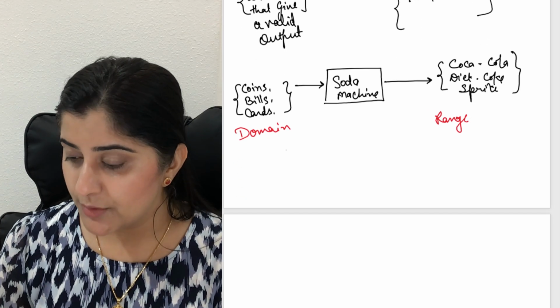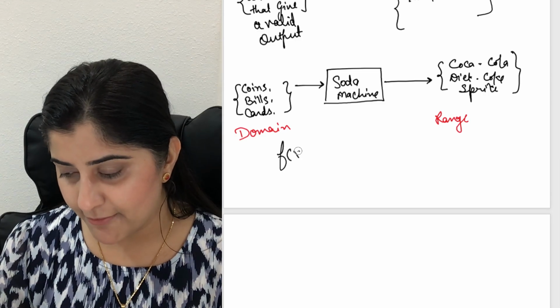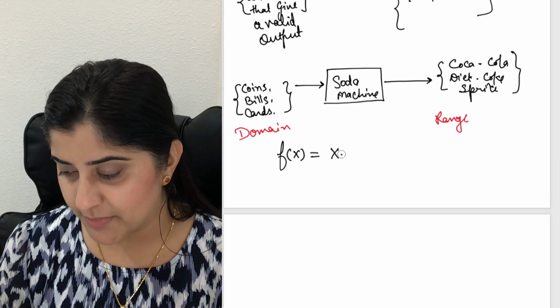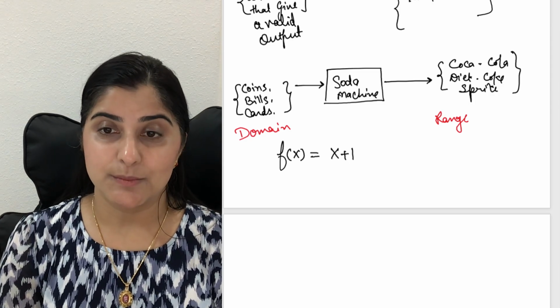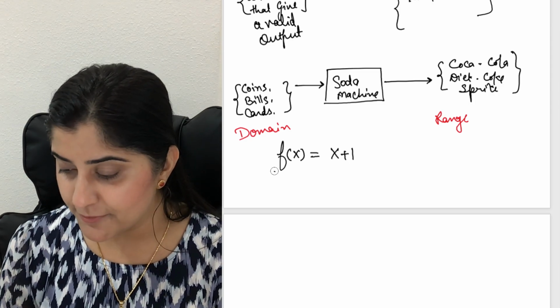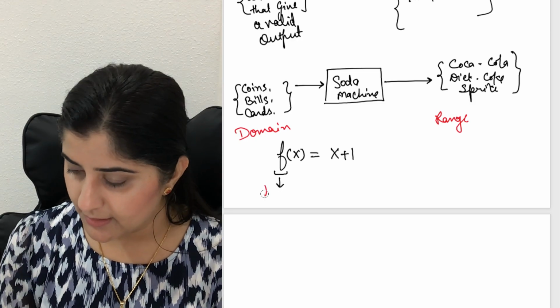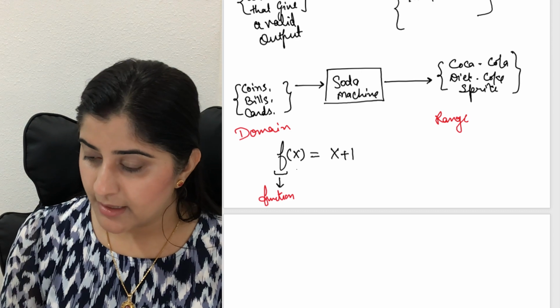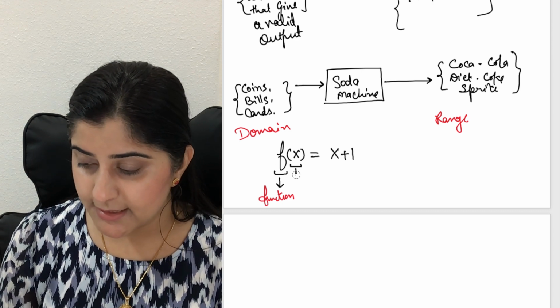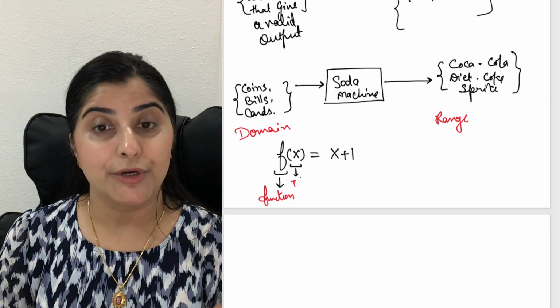Okay, so suppose we are given a function f(x) = x + 1. Let's first try to understand how this machine is working. f is a function. This x is the input that we are giving to the function.